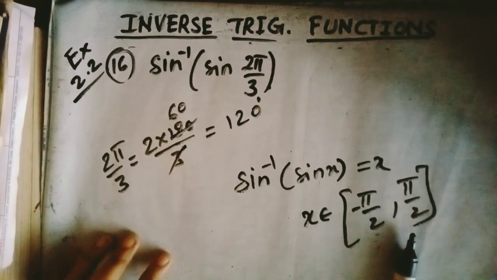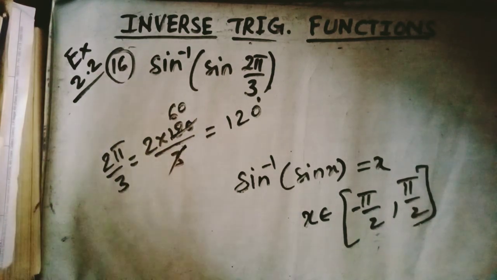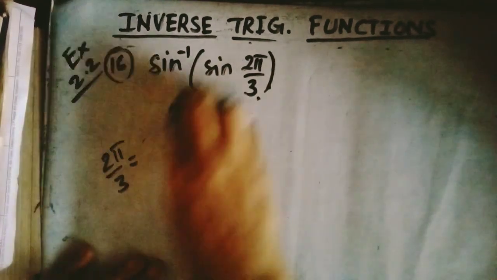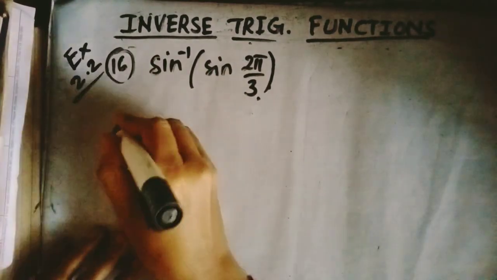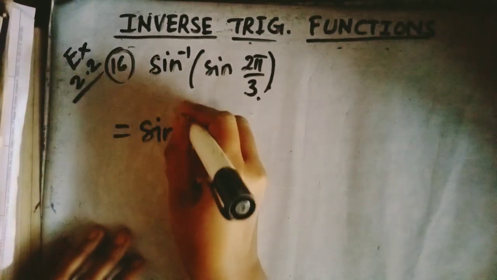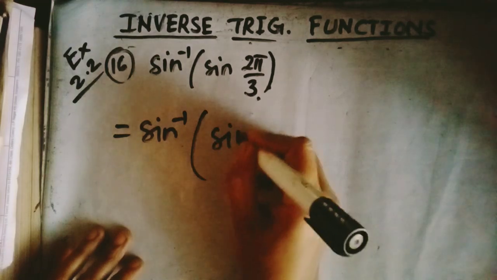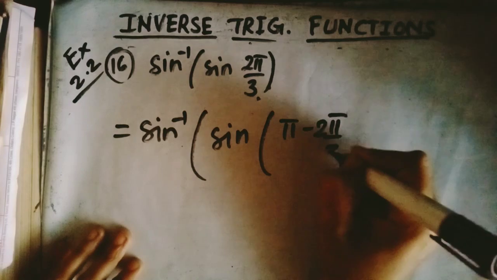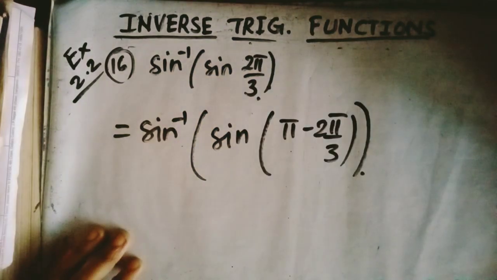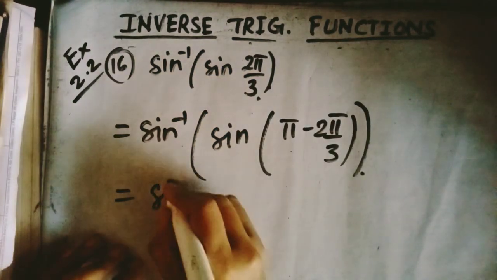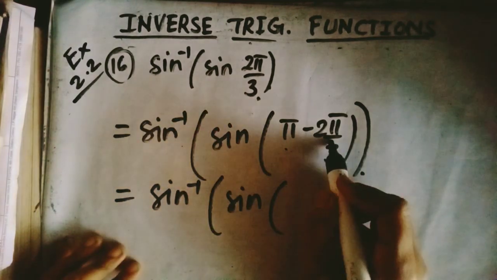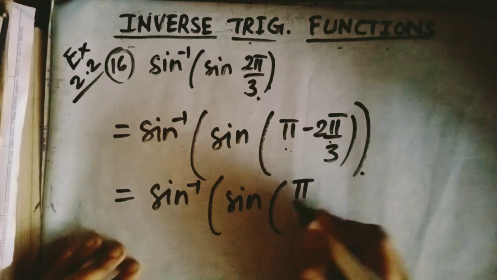Okay, so when it does not fall in that interval, we have to use pi minus, that is we have to reduce that. So we have to write sine inverse sine of pi minus 2 pi by 3. Okay, now this will be sine inverse sine of (3 pi minus 2 pi) by 3, which is pi by 3.